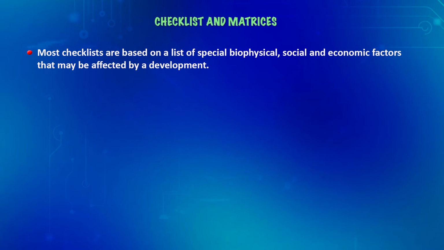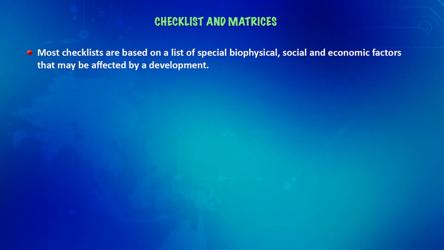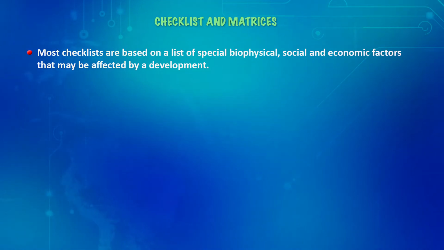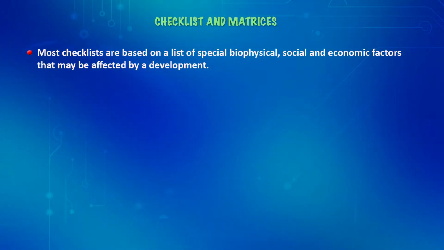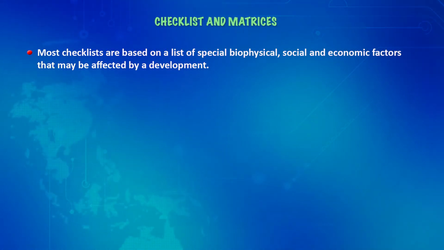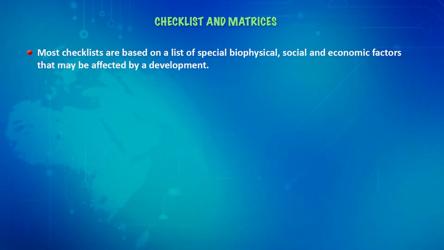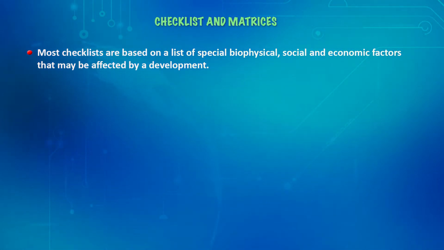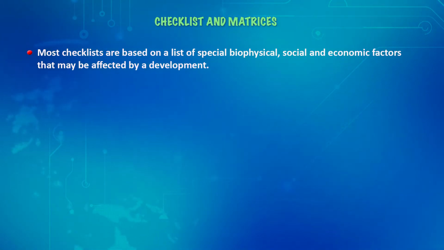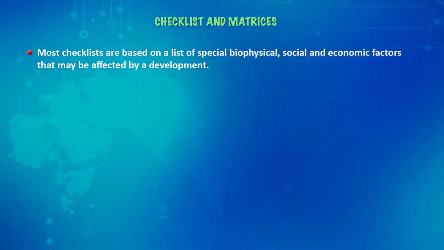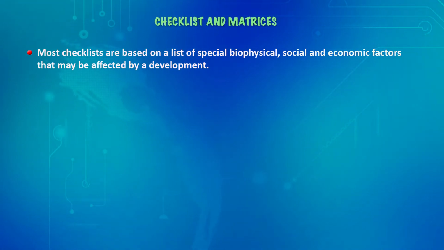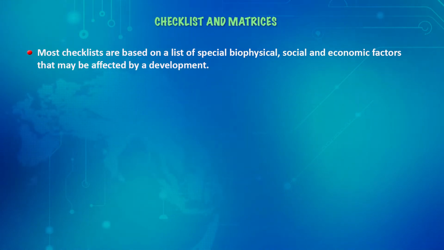These are the factors that will definitely be impacted by the development process, and they are the most important factors we need to take into account, because when you understand how a project proposal or any developmental project can have an impact on the environment, these factors have to be considered. So in a way, the checklist takes into account all the possible factors: biophysical, social and economic. This is the basic idea of the checklist.